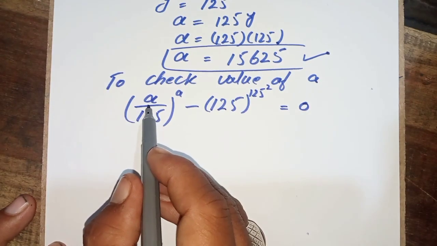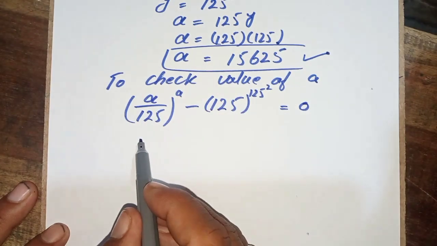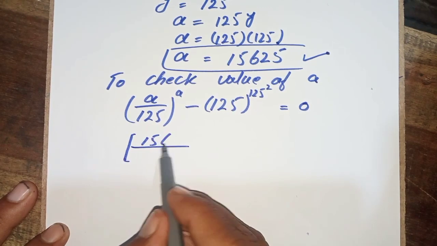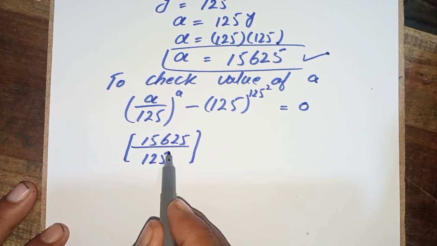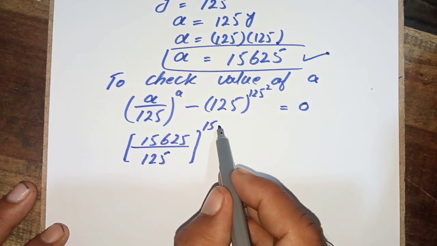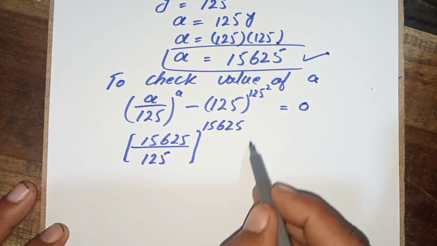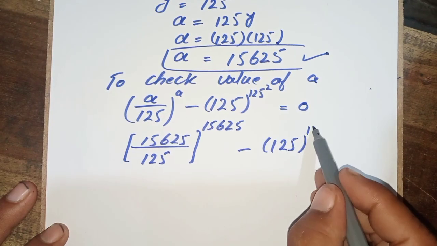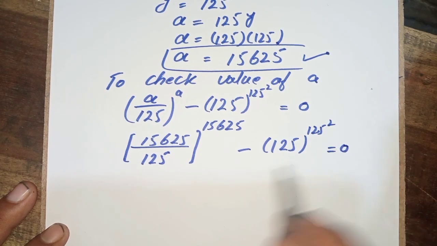We put the value of a, 15,625, into this equation: (15,625 over 125)^15,625 minus 125^(125^2) is equal to 0.